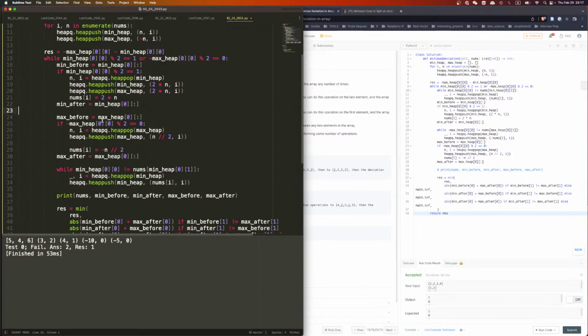Then we'll have a new value, right? So we don't push it in yet. And from the max, it's the same thing, right? Because this is the max queue.